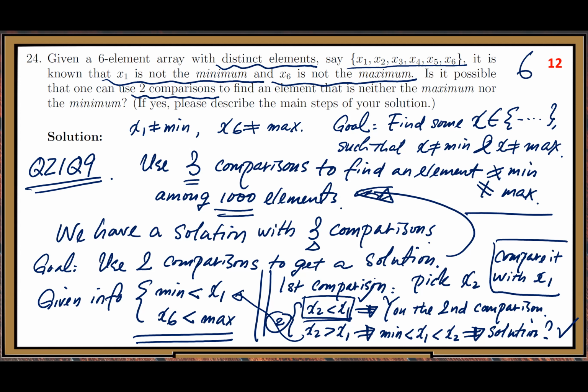But I tell you one important guideline for the second comparison: do not touch any of these three elements, x3, x4, x5.